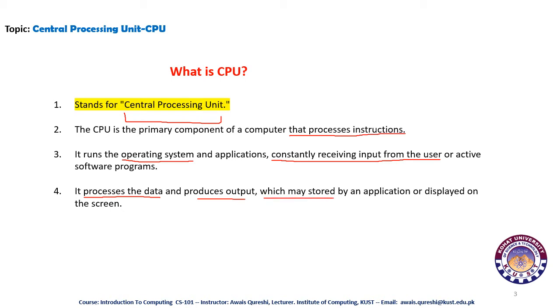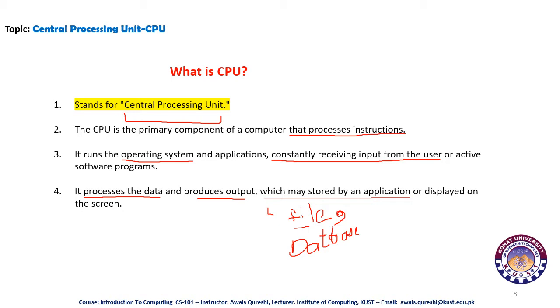There can be a scenario where the output can be stored in an external system, maybe a file. We have seen this thing. We can store the output in an external application, which is a file, or a database as well. So the output can be stored in a file or in a database, and we can see the output on the screen at the same time.